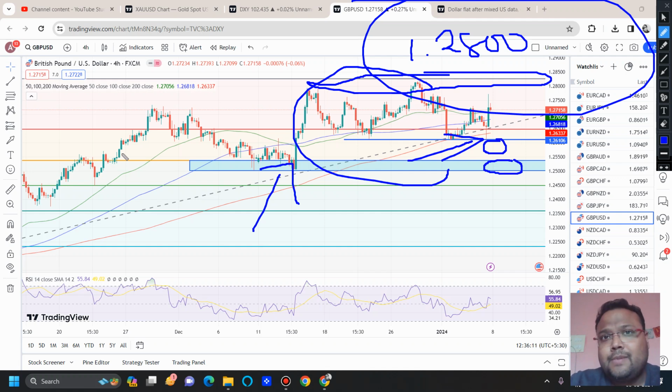In a sideways market, the number of buyers and sellers are equal, so buy at support, sell at resistance is the best trading strategy. But still we can identify positions, so yes, let's go for it. But otherwise, you also need to know that not all the opportunities are for swing traders and positional traders. Some are good for swing, some are good for positionals, some are good for day traders.